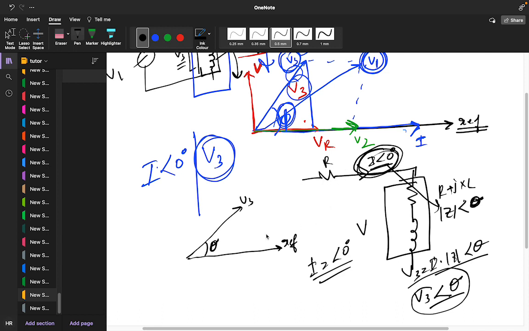And what about the current? Your current is this only. So then this theta will be your power factor angle. Power factor angle is generally the angle between your load voltage and the current the load is consuming. So what is the angle difference between your load voltage and your current? You got this concept?